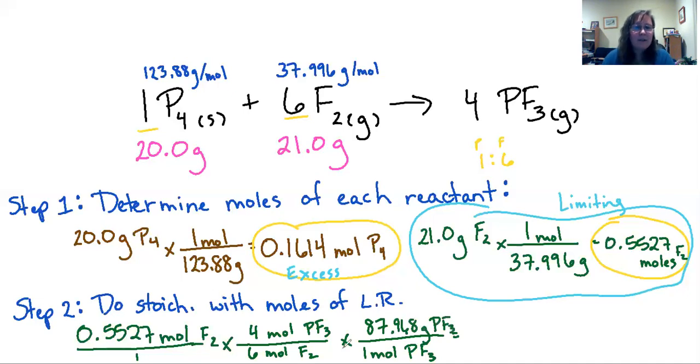Now I can do my stoichiometry. I've got the 87.968 on my calculator, so I take that and multiply it by 4 and by 0.5527, then divide by the 6 on the bottom. I get 32.4, because I can only have 3 significant figures, 32.4 grams of PF3. And that's my answer.